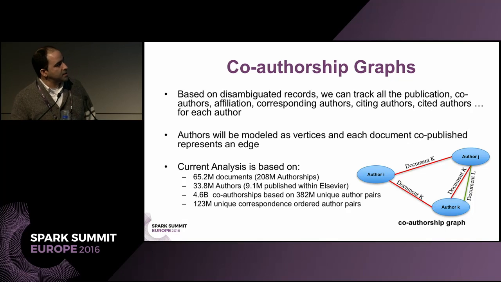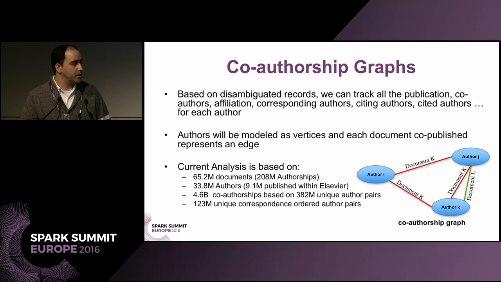To give you statistics about this data, as I said, 65 million documents, about 33 or 34 million authors, some of them dummy authors, which will result in 4.6 billion co-authorship edges. So if you want to imagine this network or this graph, it has about 33 million author vertices and about 4.6 billion edges, which for a lot of you may not be a big number, and I agree.